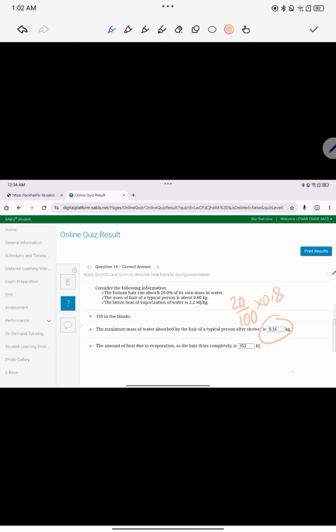This is in megajoules. From megajoules to joules, it's multiplied by 1 million.